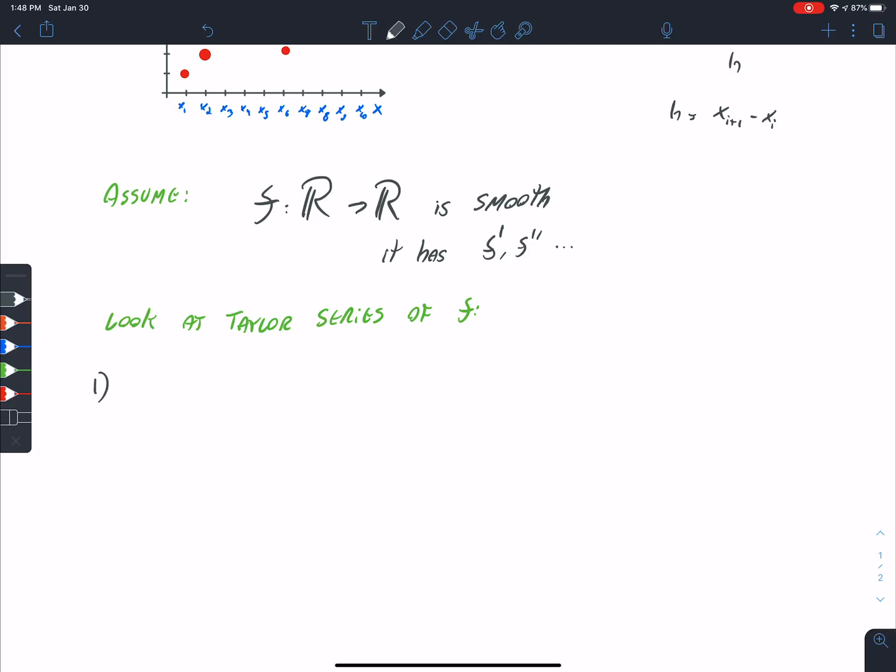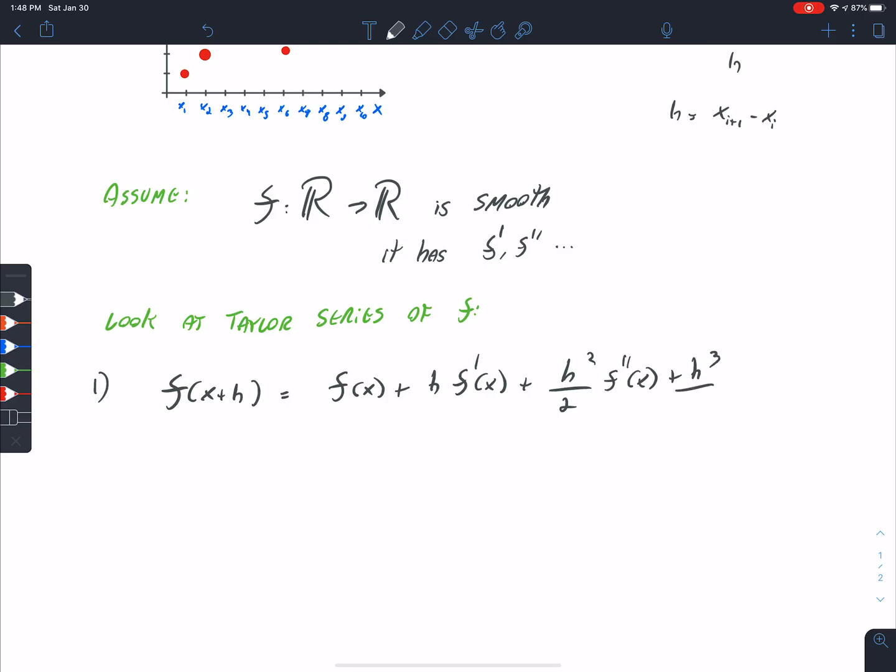So the first formula is the forward Taylor series, which says that f evaluated at x plus h can be expanded as a series, which will be f of x plus h f prime of x plus h squared over 2 factorial, which is 2, f double prime of x. And let's write one more term, h to the third power over 3 factorial, which is 6, f triple prime, which again is the third derivative of x.